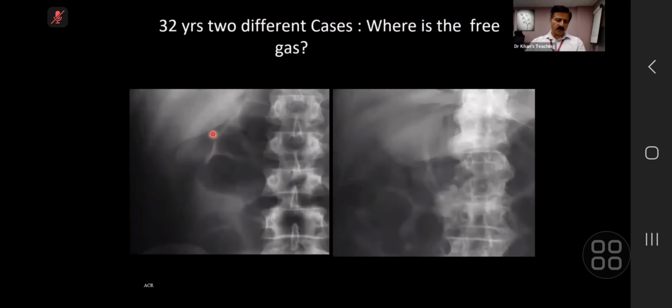Now this is free gas under the liver, and this is an exam sign where the falciform ligament is outlined by the gas. I'm sure all of you know this, and you have to point it out to the examiner. Okay, candidate 6, can you please raise your hand?